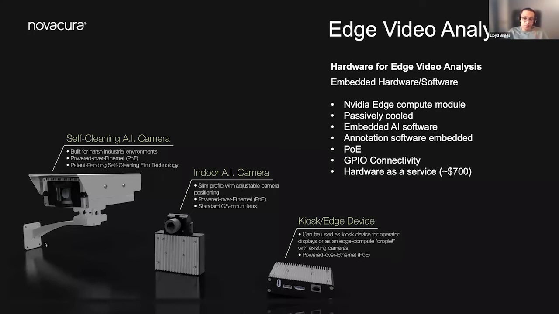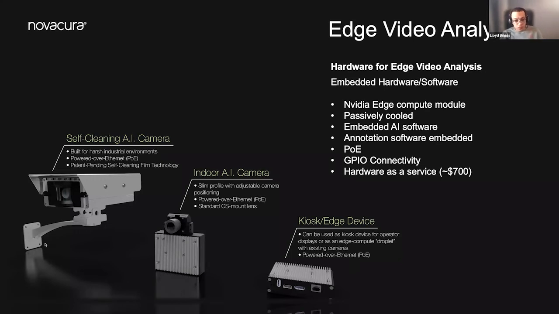Edge video analysis. Let's have a look at what edge video analysis is. So, how were all those models, how is the camera detecting all those things in real time? How is it working? Well, the cameras themselves, it's just a sensor, just a camera sensor. We all have them on our mobile phones, but what's important is the hardware behind them.